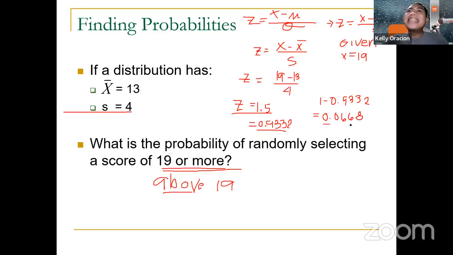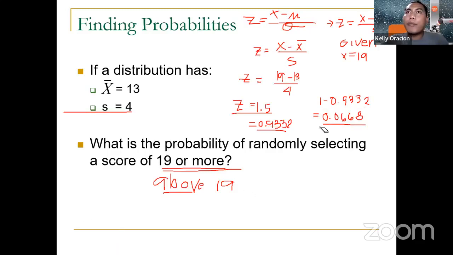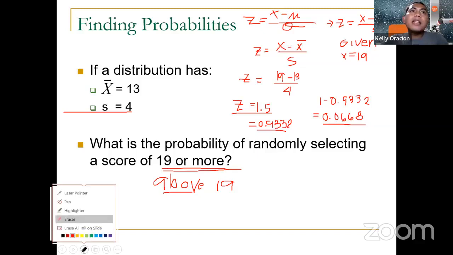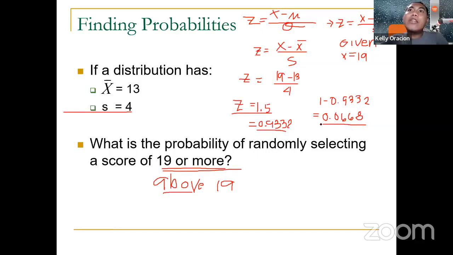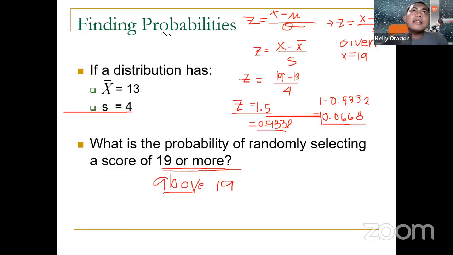That means this is the probability of getting 19 or more, given that the mean is 13 and the standard deviation is 4. That is the answer. Kindly copy before we proceed to our next example.